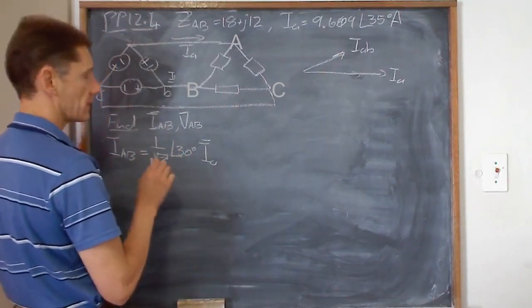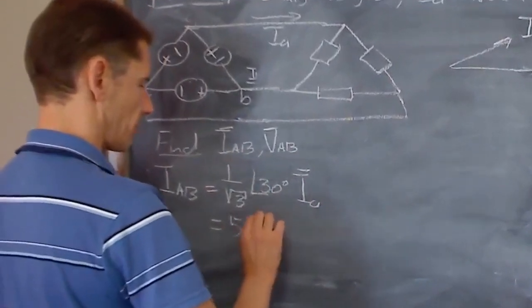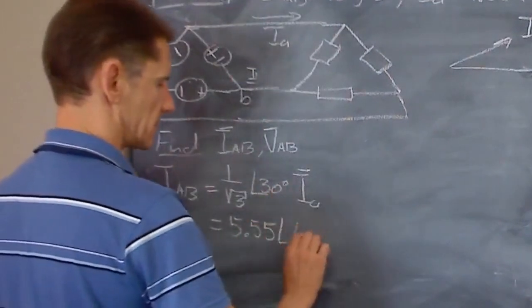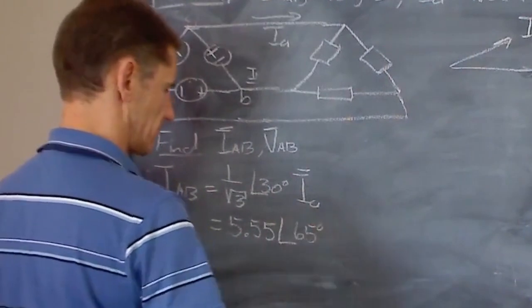So from the 9.609, I'm going to get 5.55, and the angle is 65 degrees.